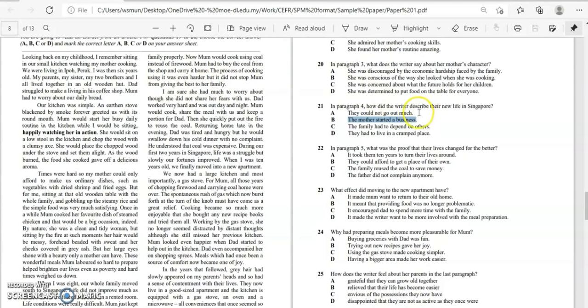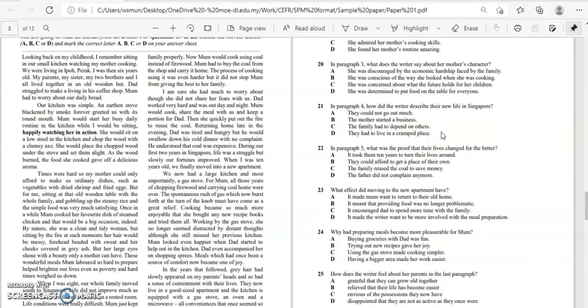So option A, they could not go out much, and option C, the family had to depend on others, are not mentioned in paragraph 4. So we know that A, B, C are not the answers. So answer D is correct. They had to live in a cramped place.